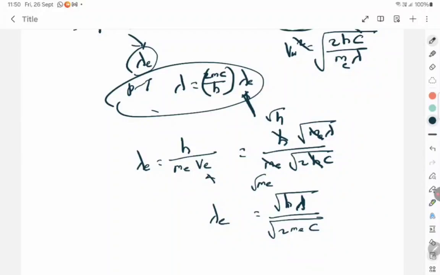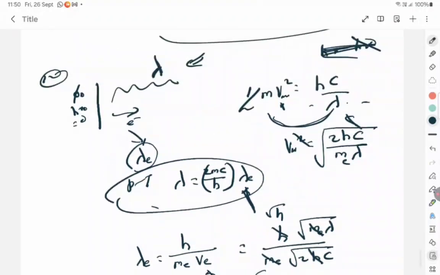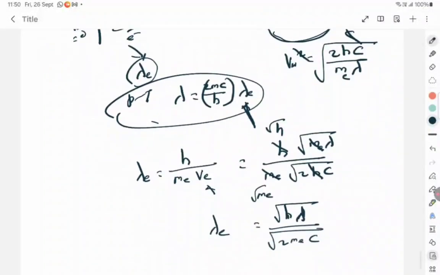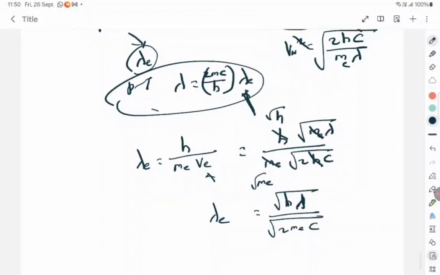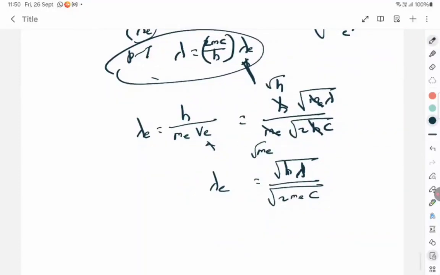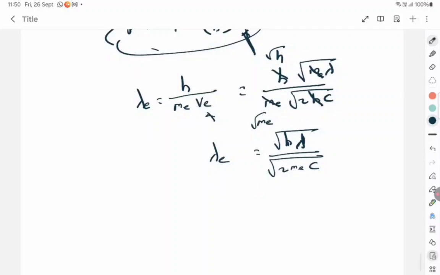Okay, let's see. V max square is therefore 2hc by m lambda, and substituting in velocity root of 2hc by m lambda, you get root h into lambda by root of 2 into me into c.